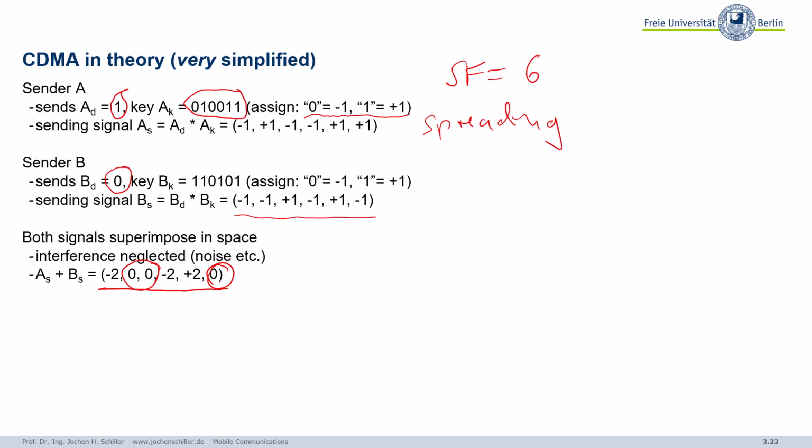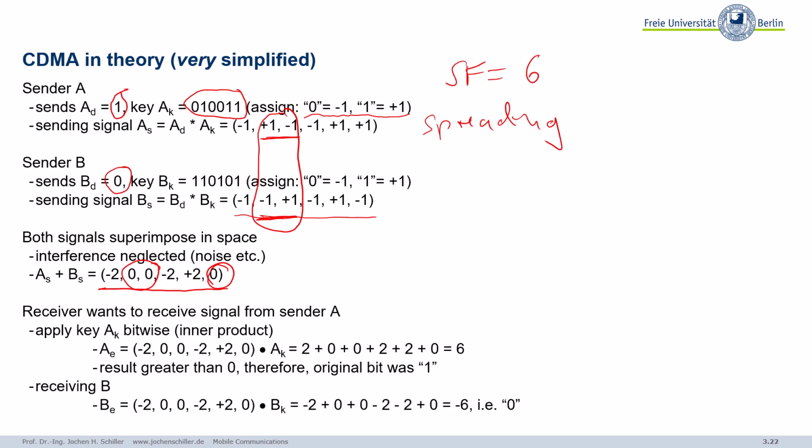Although in the original signal there was some information, you see here +1, -1, or here -1, +1, these parts cancel out each other. So now we have a problem, maybe. We have the superimposed signals, with some cancellation and some amplified parts. So how can we then recalculate the original data?